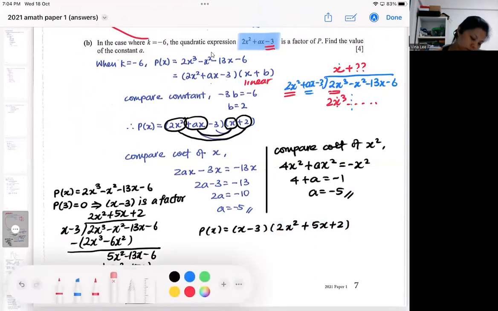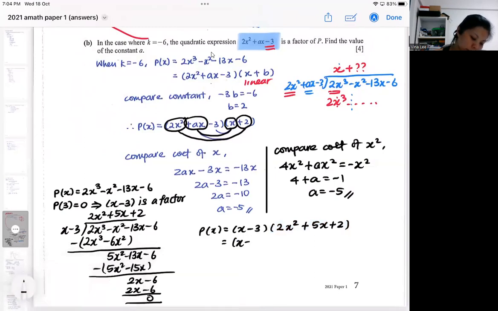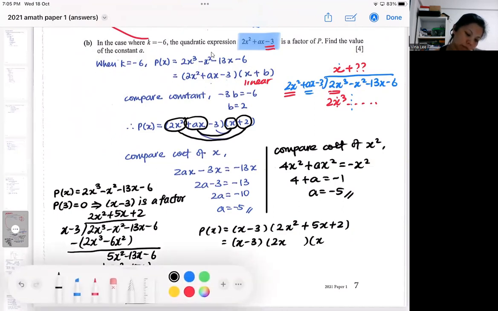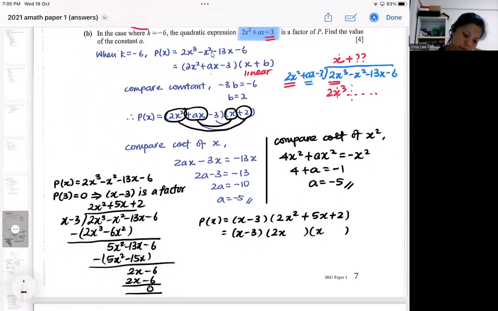What that student should do is continue to factorize first. It will be something like this.